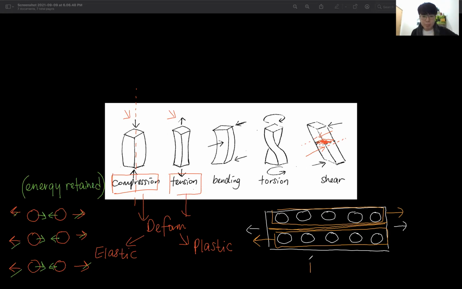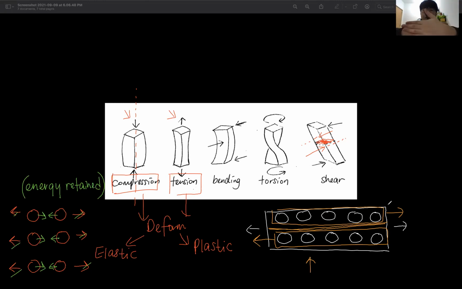But this one is more due to the structure, not the bonding. It's due to how it is arranged. The moment I stretch it, this line of particles slides over one another. So it deforms, okay? Of course, the shape changes, and they can never come back because the structure has already changed. If you stretch the bonding, it can pull it back. But if you stretch the structure, then it cannot come back.